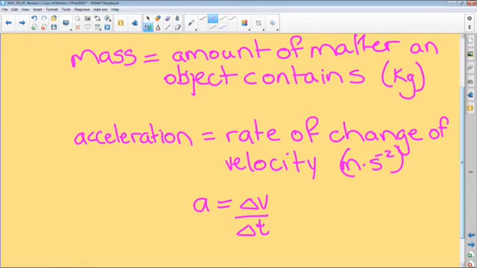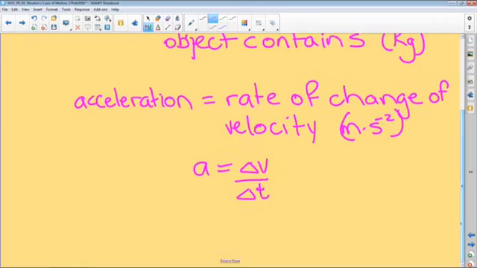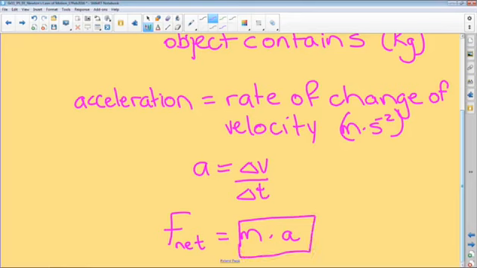So it's nice to know what these things mean, but how do they come together? They come together in this little equation. F net equals mass times acceleration. So the net force is equal to the product of the mass and the acceleration. And if you look at those two, mass times acceleration, hopefully your maths brain is working.